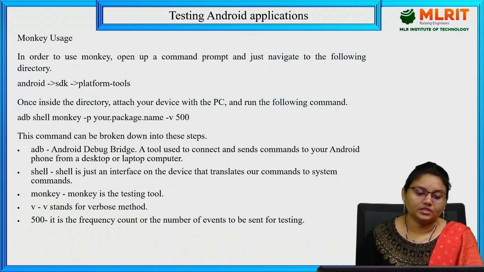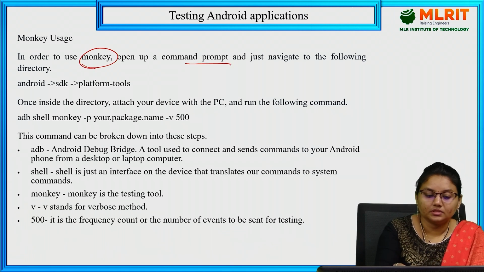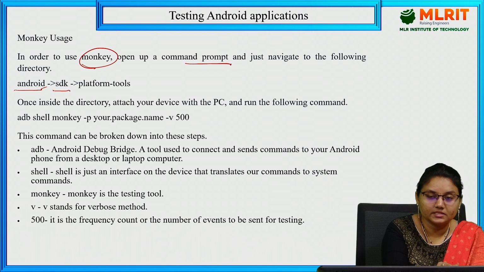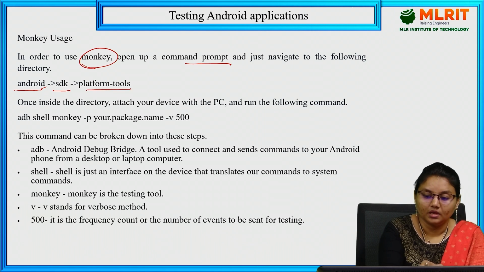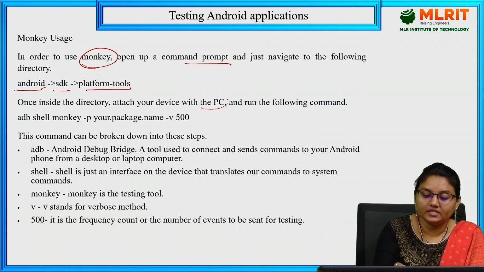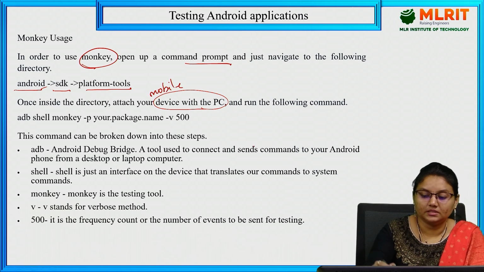The monkey usage. In order to use monkey, open up the command prompt. Go to Android SDK platform tools, then you can navigate to your monkey directory. Attach your device to the PC. What is the device? Your Android mobile phone. This will be attached to the PC, and run the following command.